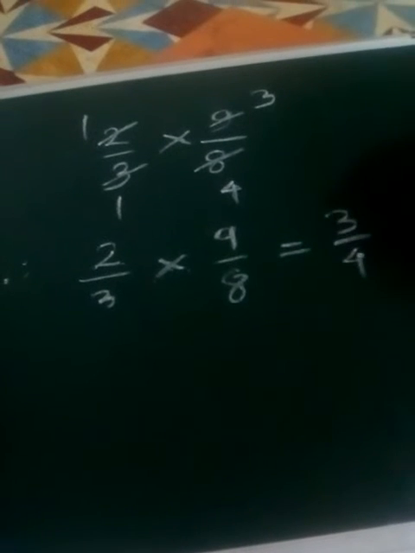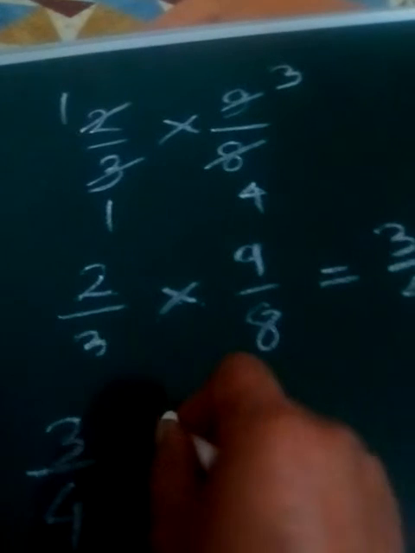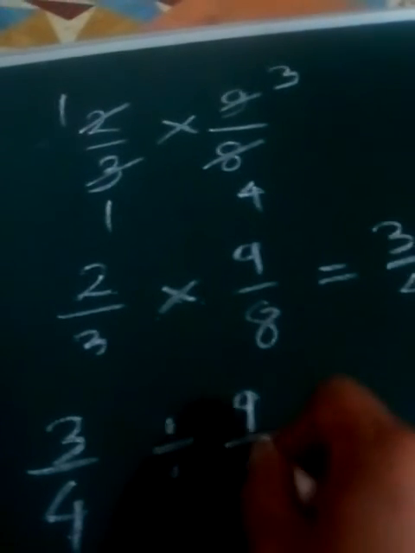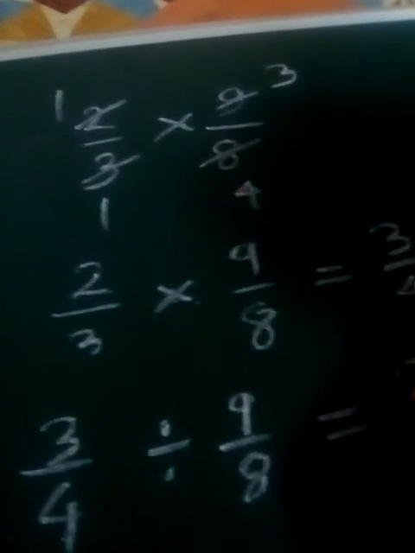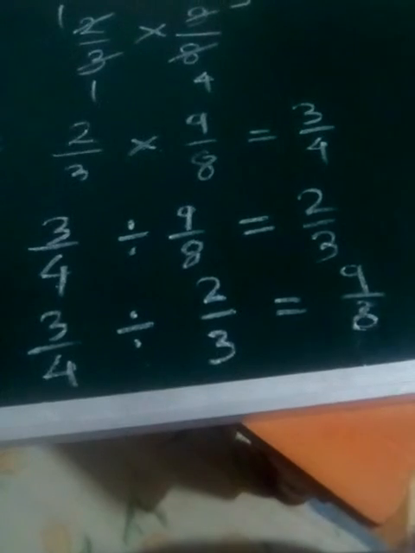Yes. So now we will divide: 3 by 4 divided by 9 by 8 is 2 by 3, and 3 by 4 divided by 2 by 3 is 9 by 8. Do you understand this? Yes.